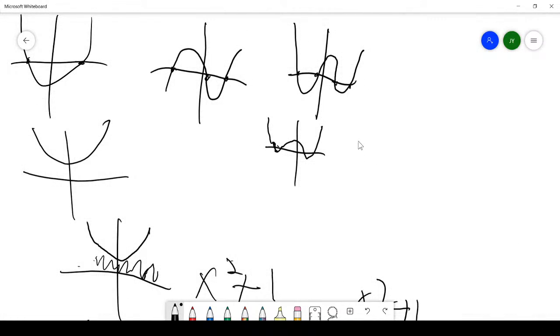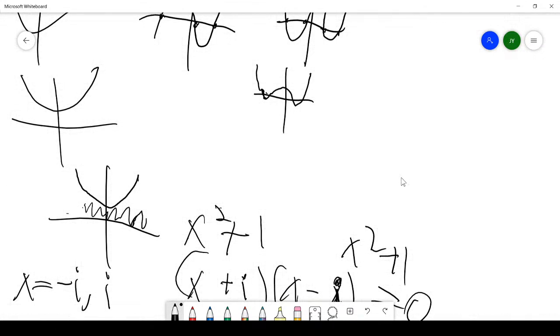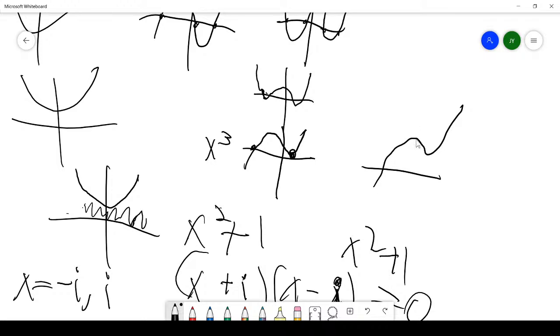The same similar rule can be applied for every polynomial. For example, we could have something that intersects twice, 1, 2, or just once.